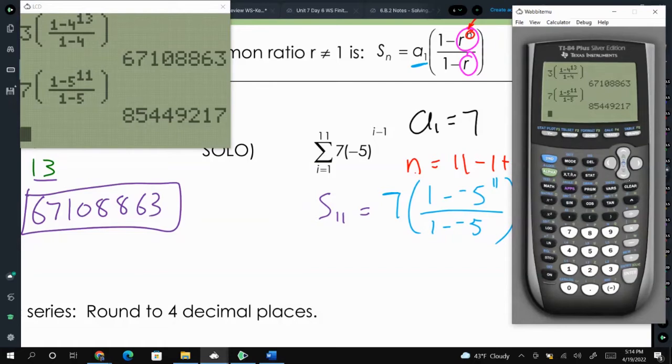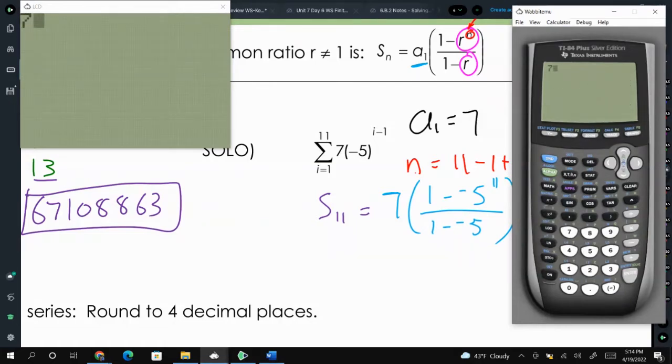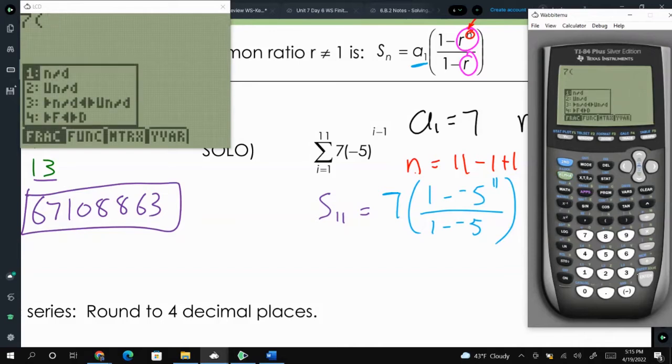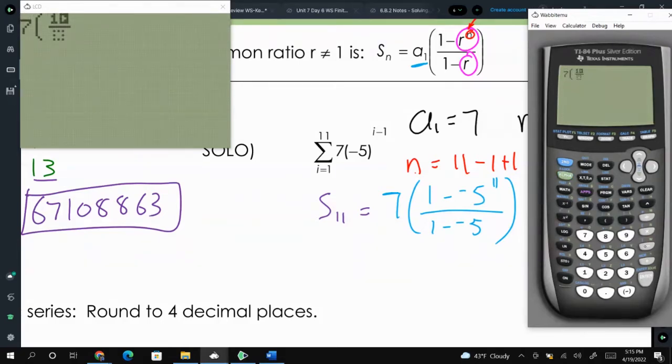So in the calculator, 7, and then in parentheses, 1 minus -5, raised to the 11th power. I didn't make a fraction. Let me do 7, parentheses, fraction, 1 minus -5 raised to the 11th power over 1 minus -5.